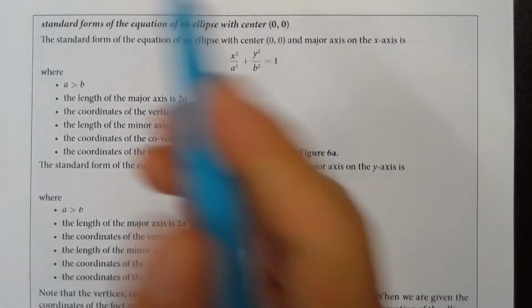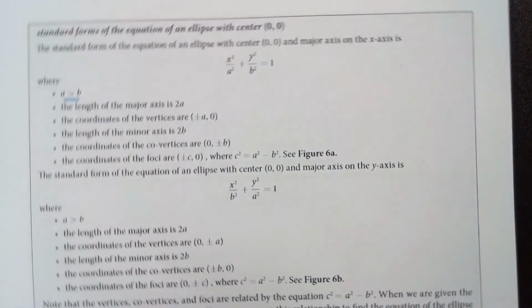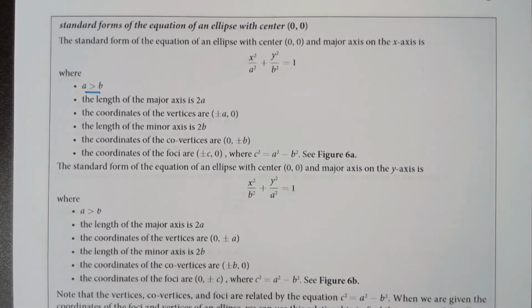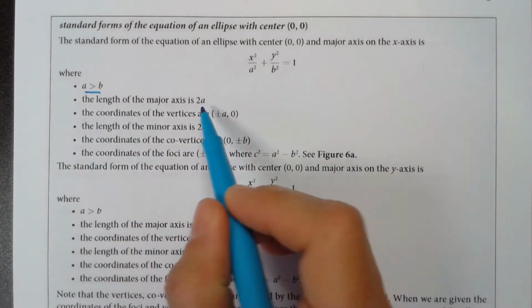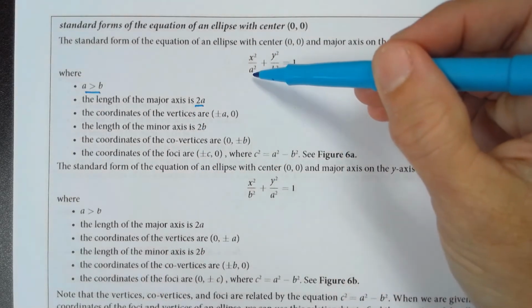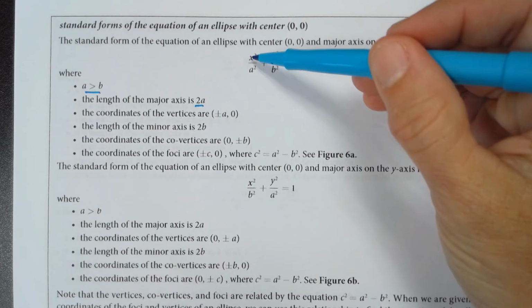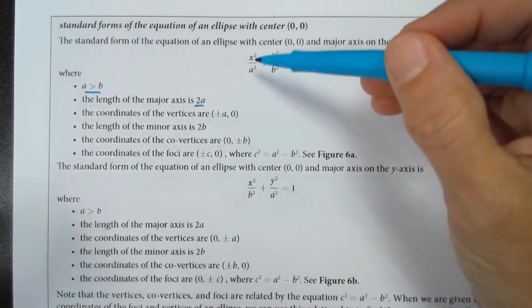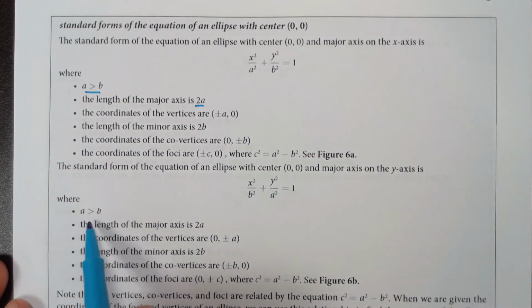In this case, a is greater than b. That's very important when you're going through this, because the length of the major axis is 2a. So your major axis is always under the direction that it's parallel to. I don't know if that makes any sense, but this one would be parallel to the x-axis. Now look at this one.